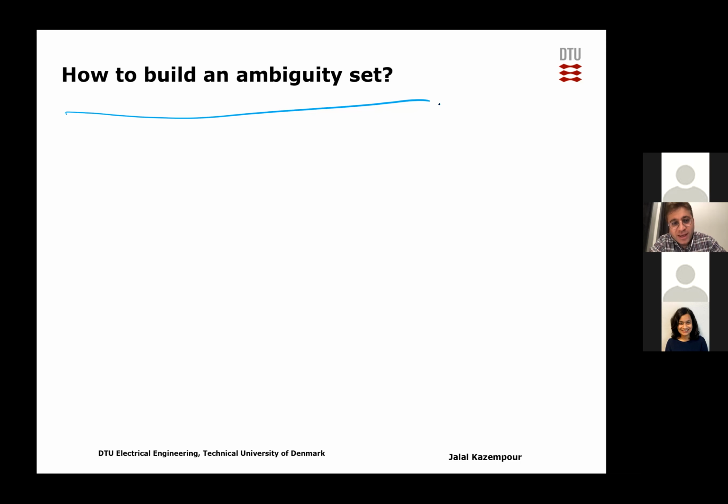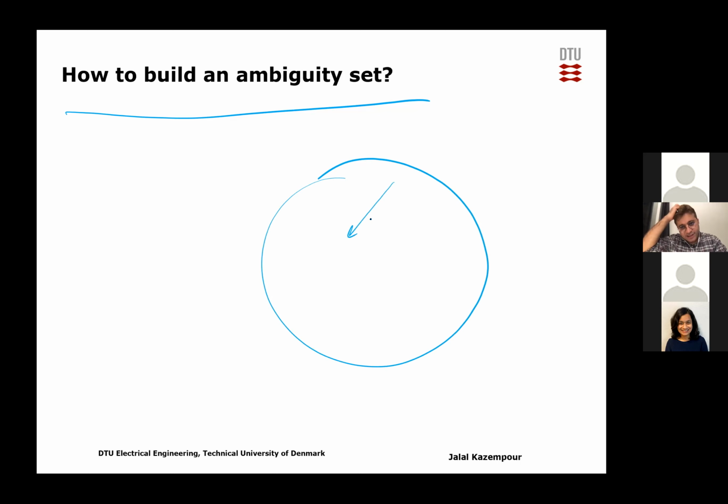Conceptually, it's beautiful. Ambiguity set. We would like to build an ambiguity set and put either a finite, but in general infinite, number of distributions within it. How do we build those ambiguity sets? Any clue?